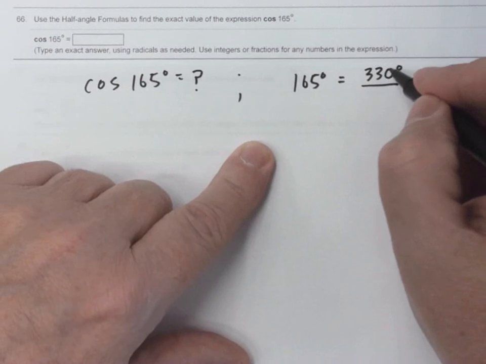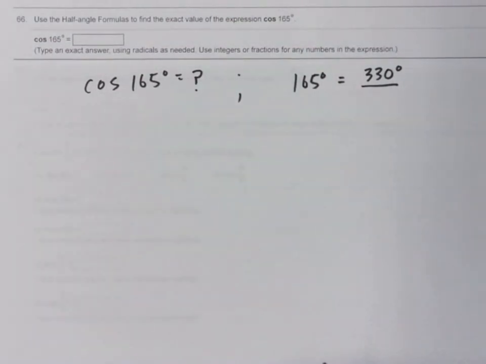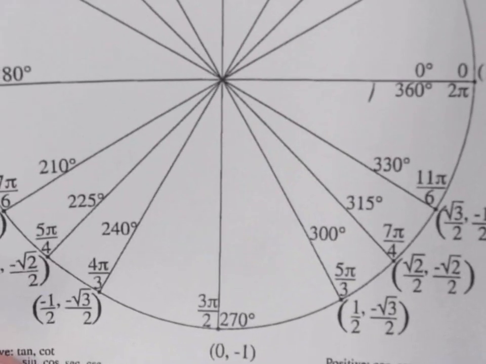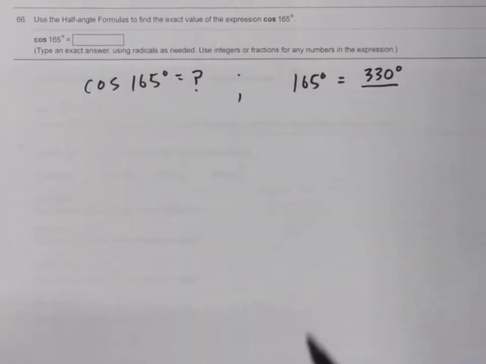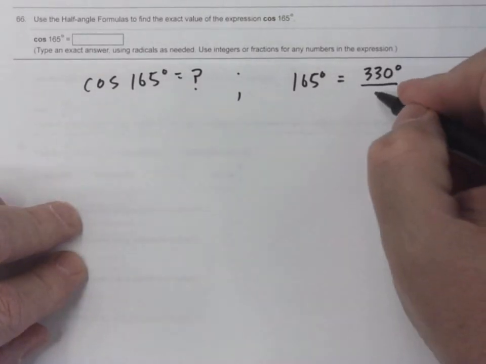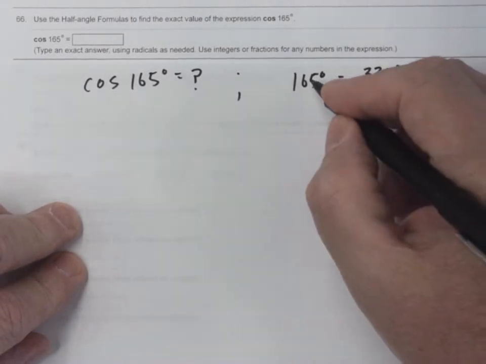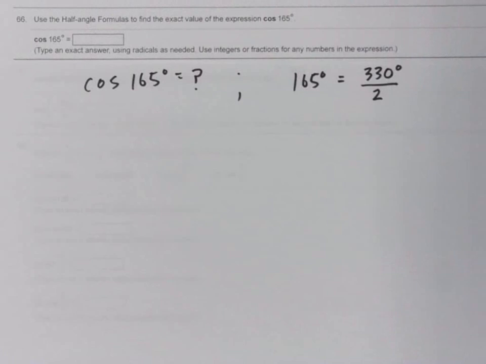If I can find a special angle, I look here, 330 degrees is on the unit circle. If I can find this special angle and then divide it by 2, and if that equals the angle I'm looking for, then I can actually use these half angle formulas to find the cosine of 165 degrees.